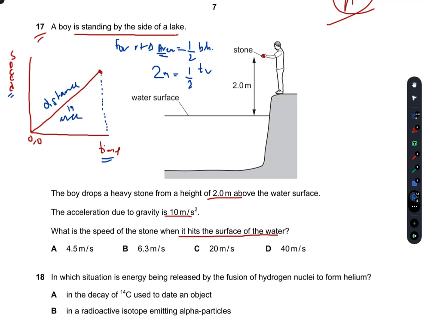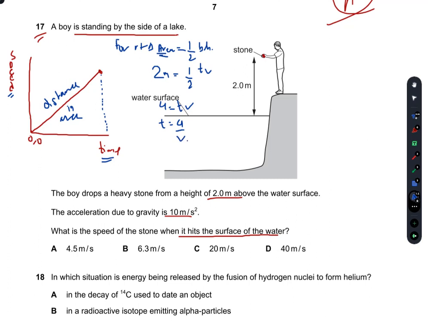If we multiply 2 with 2, 4 is equal to T times V. Then you can derive the value of T is equal to 4 over V.